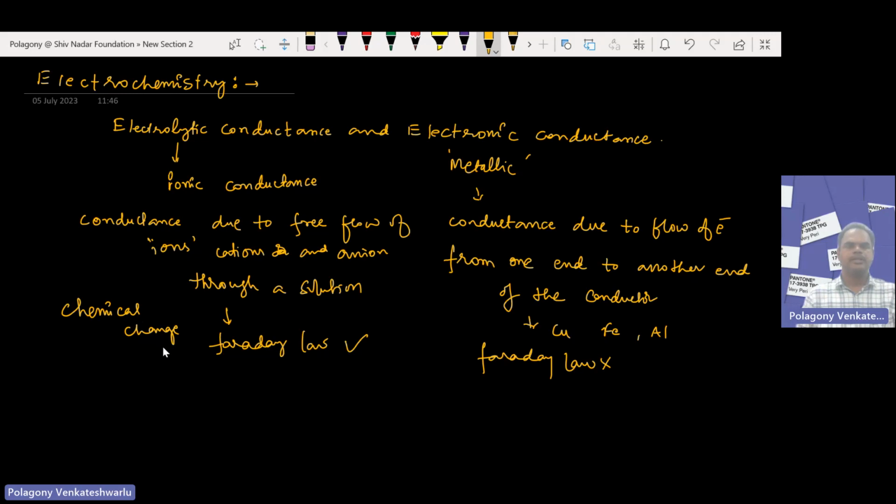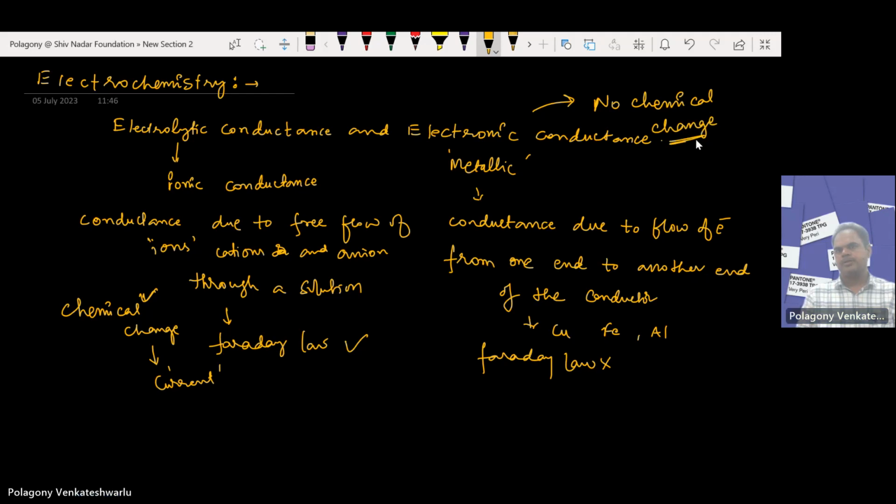We notice the chemical change due to the flow of ions under the current; after some time we can see the change in the solution. In electronic or metallic conductance, we do not notice any chemical change after some time.